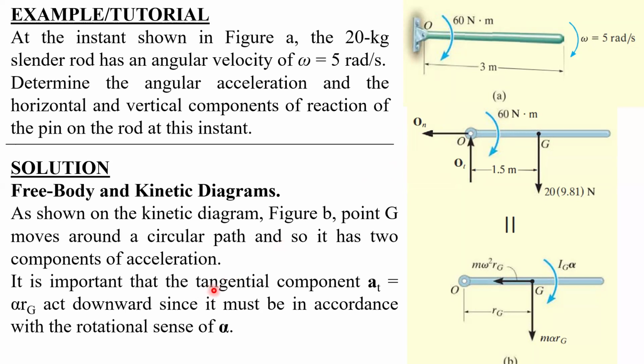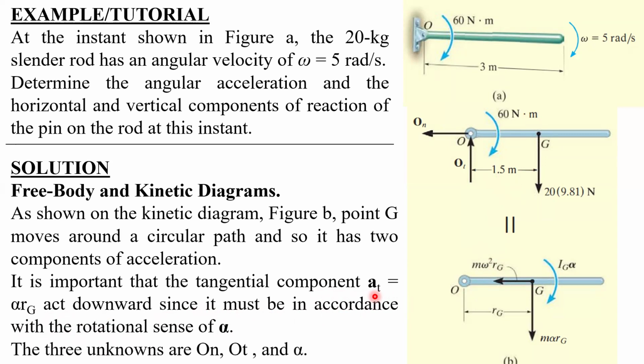It's important that the tangential acceleration, AT, acts downward, since it must be in accordance with the rotational sense of alpha. Since the object is rotating downwards, it is important that this AT acts downward, in the same direction as alpha and omega.